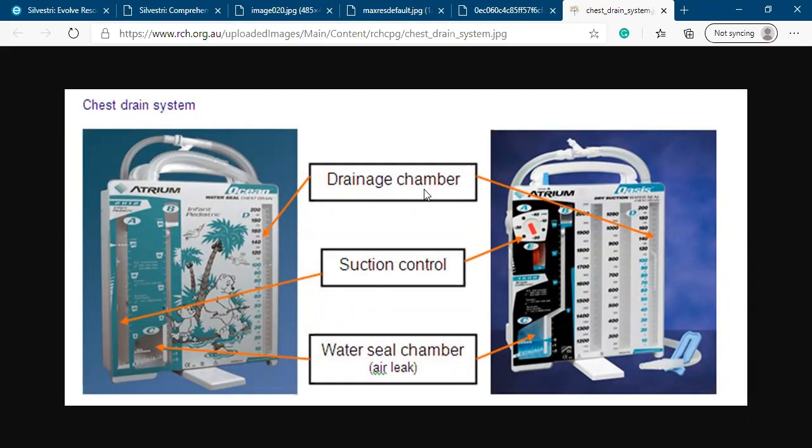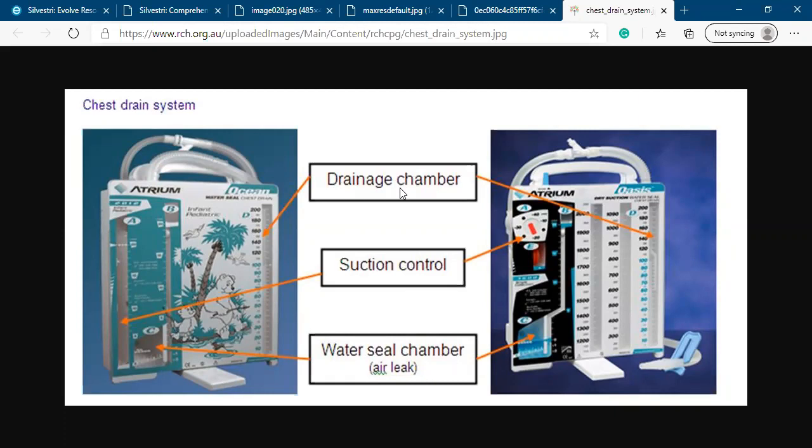If you read the names of these 3 chambers, you can find out many things from the names. For example, this is the drainage chamber, or collecting chamber.